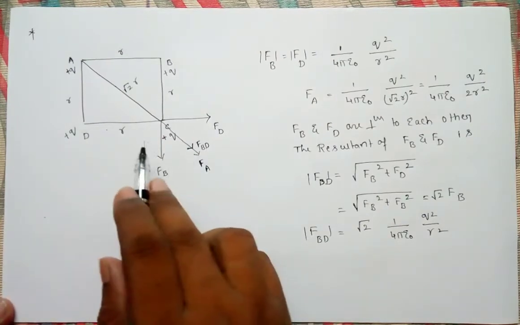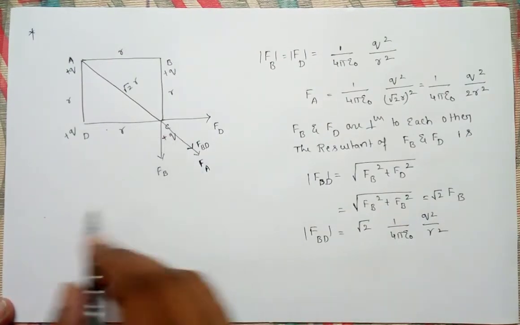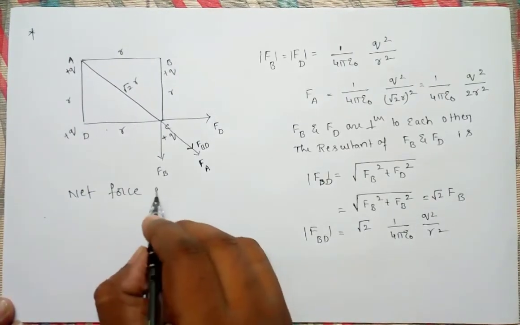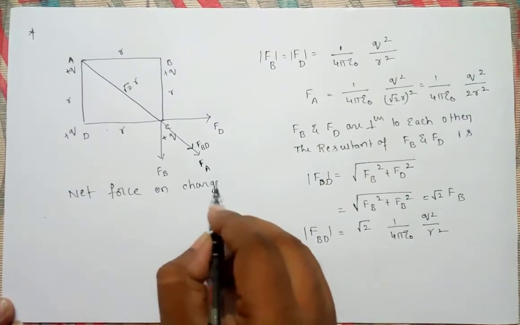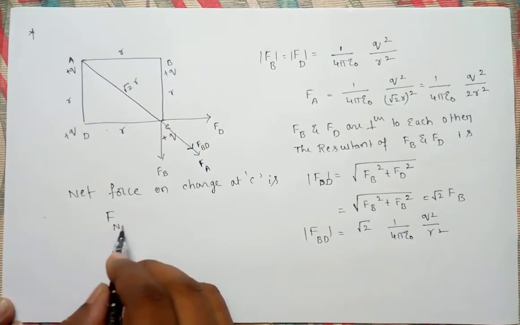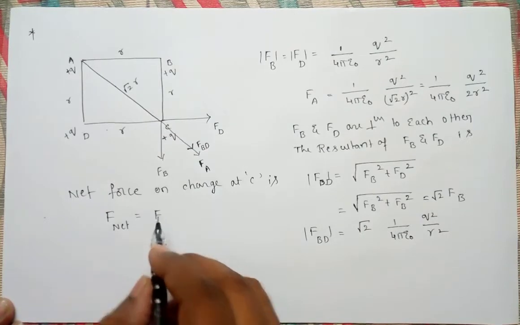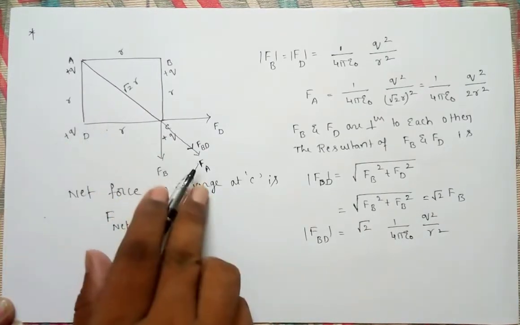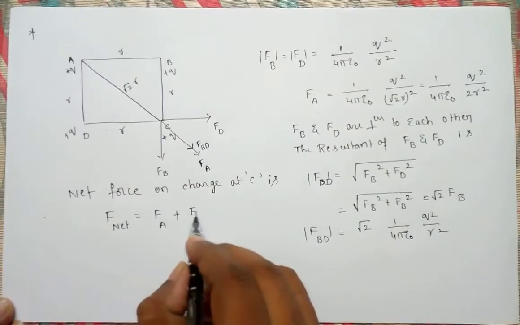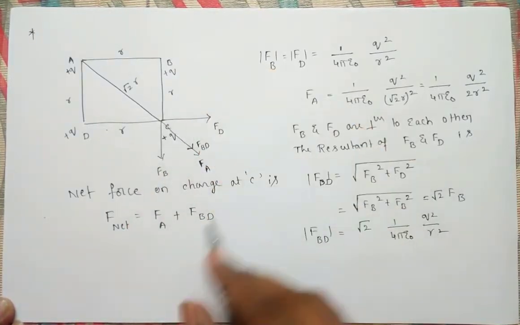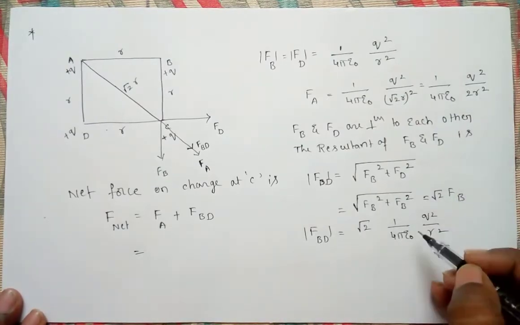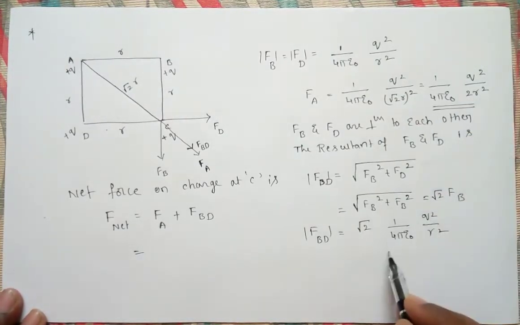Therefore, the net force on the charge at C is FA, the force exerted by A, plus the resultant of B and D, that is FBD. Both are along the same direction, so we just added. Now these two, if you observe, FA and FBD.